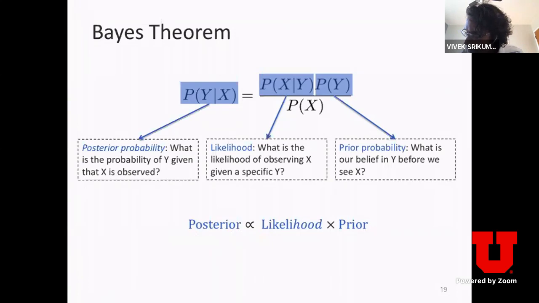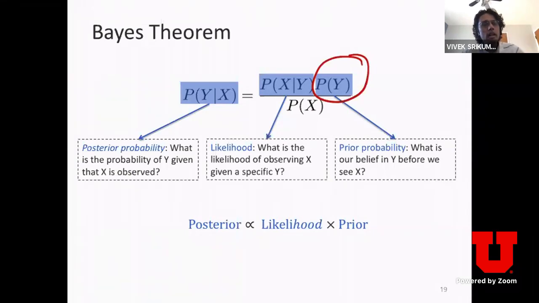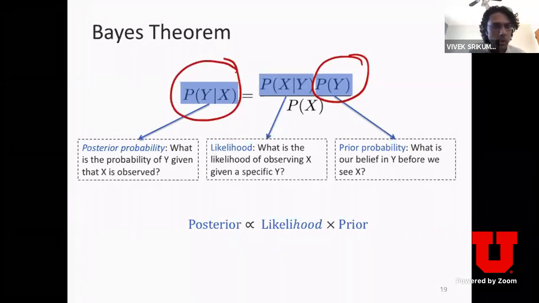Before we make any observation, our belief about Y is P of Y. X is the observation here. And then when we make an observation, hopefully our beliefs are updated. Otherwise, we're just being blind to the world. So after making the observation, how is the belief on Y changed?